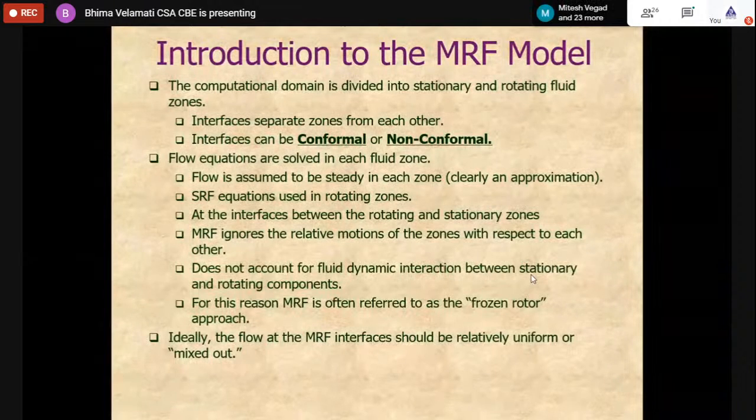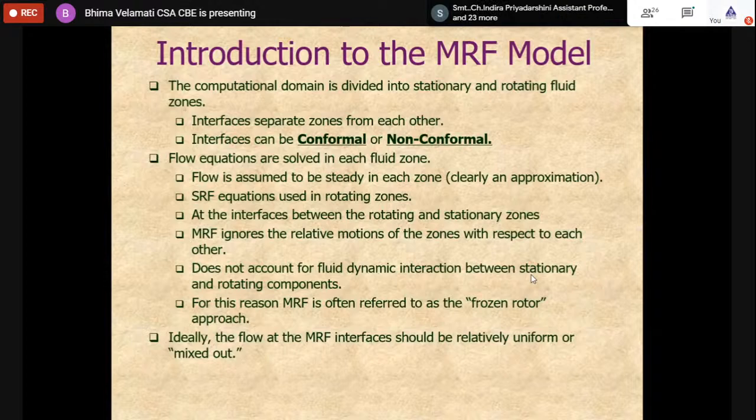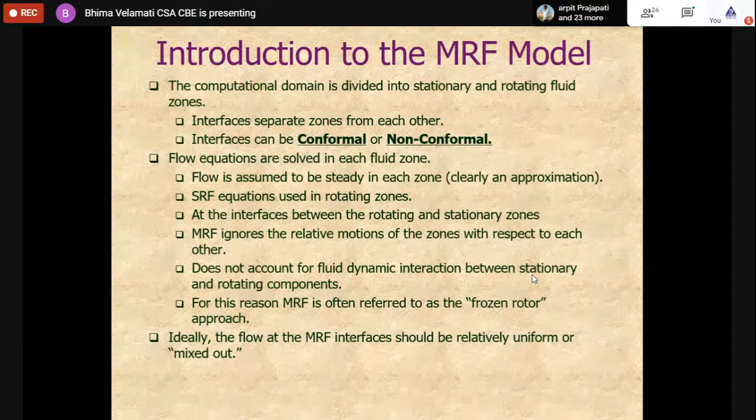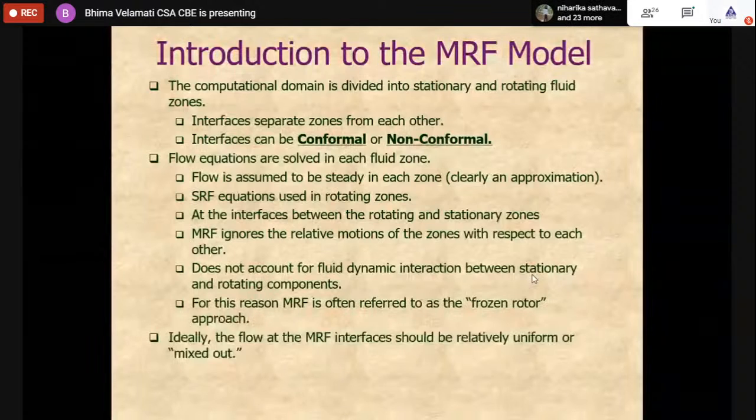In the rotating domain, I'm solving for relative Navier-Stokes, and in the stationary domain, I'm solving for stationary Navier-Stokes. Between them, I have to apply my velocity triangle formulation, that is a vectorial addition, to convert the relative velocity into absolute velocity. That particular calculation and conversion would occur on the interface.